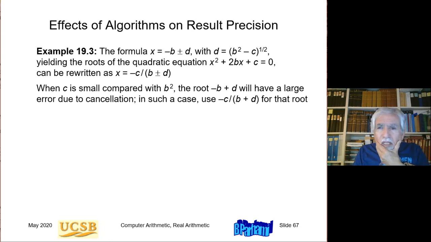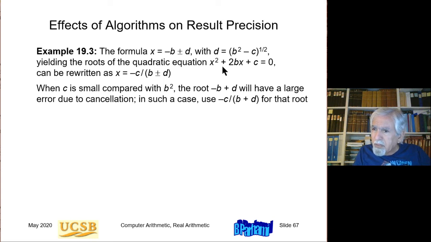Okay, so one remedy for this problem is to be careful about the algorithms we choose for computations. Different algorithms, different ways of deriving the same result can impact the final error, as we saw in the associativity and other laws of algebra that are violated. So here is basically example 19.3.